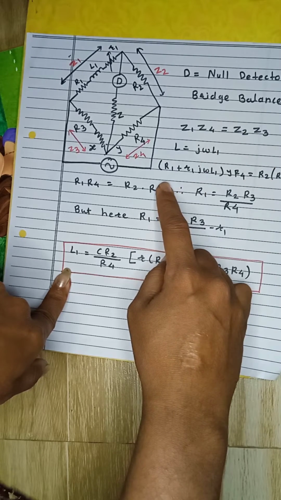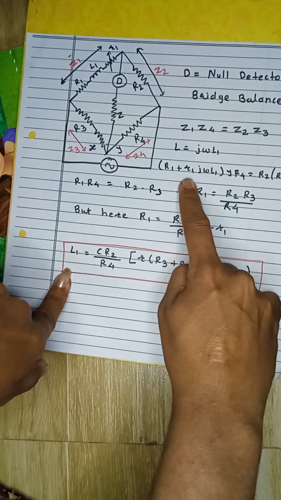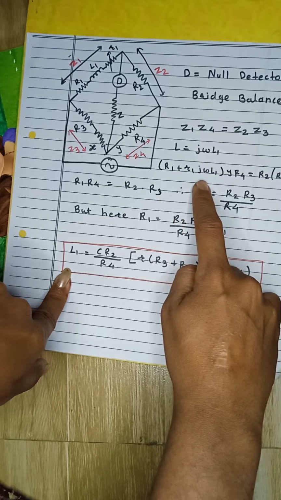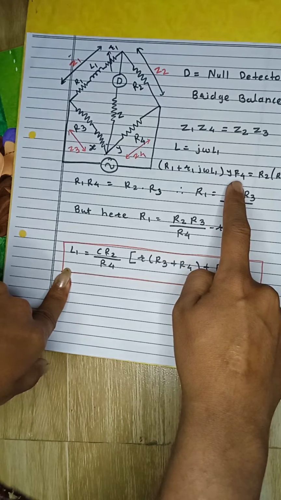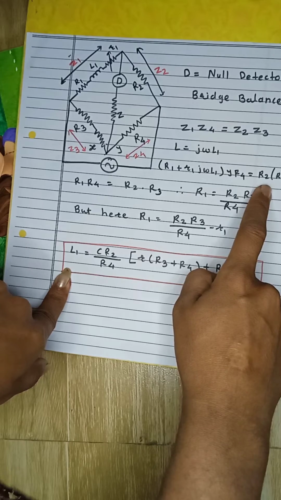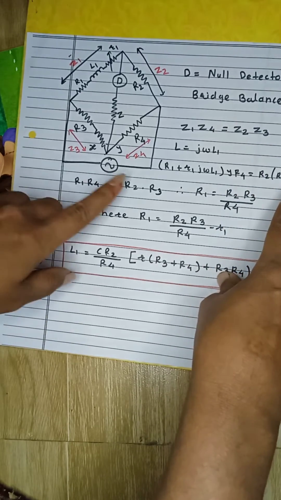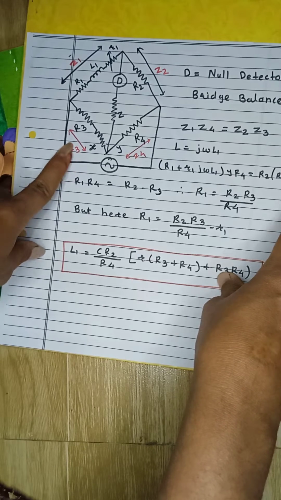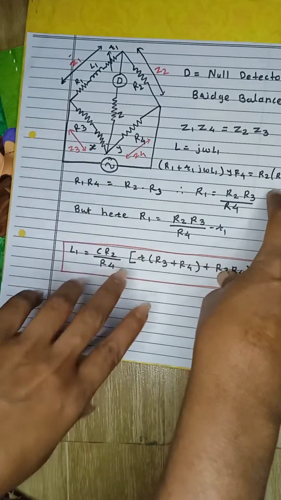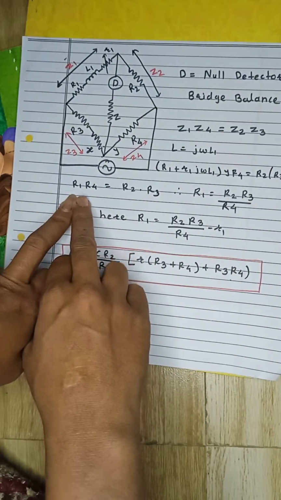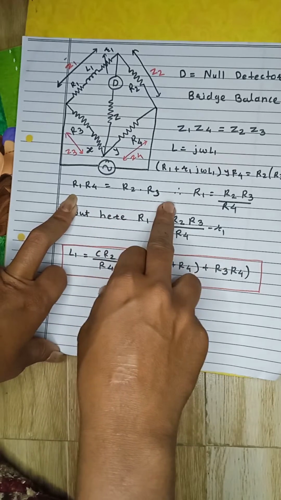The value of Z1 is R1 plus small r1 and j omega L1, into y into R4, is equal to R2 into R3 plus x. The value of Z3 is R3 plus x. So we put that here. So R1 into R4 is equal to R2 into R3.